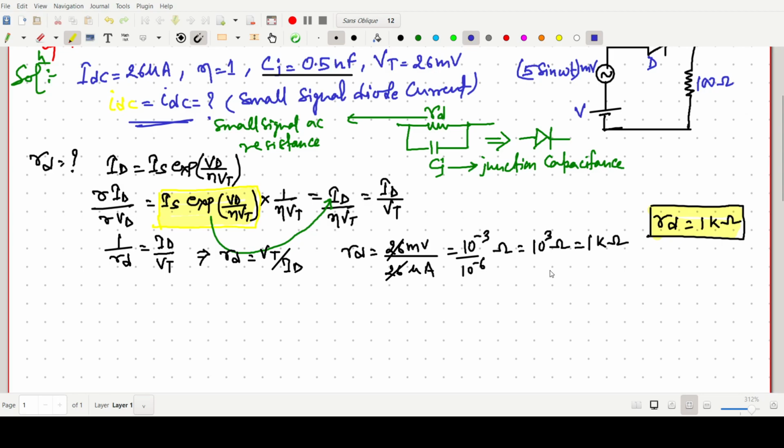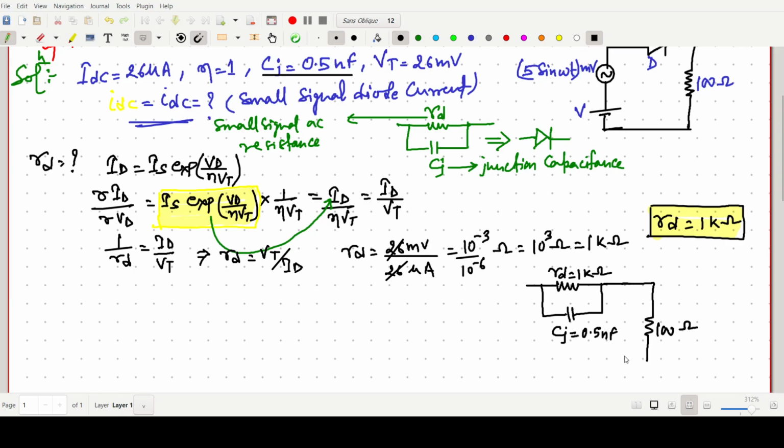For the AC current calculation, the diode is now replaced with the RD resistance, that is our 1 kilo ohm, and a capacitance, that is our junction capacitance Cj. Cj is given as 0.5 nanofarad. And one more resistance is there, that is our 100 ohm.